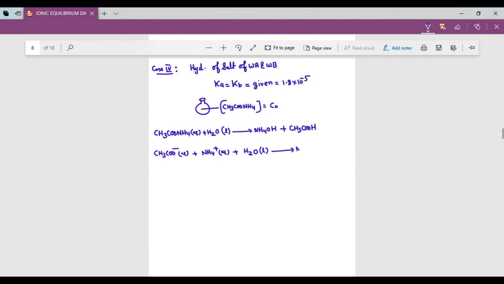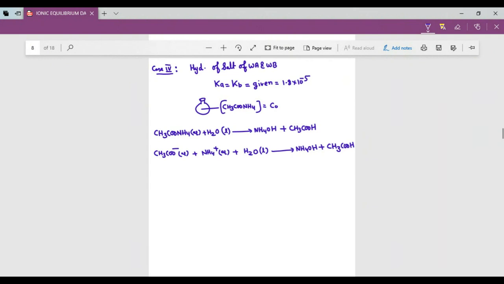If I am writing it in the form of NH4OH, I'm writing NH4OH plus this CH3COOH in aqueous state, right? So there is no spectator ion. Acetate ion and NH4+ ion are not going to cancel out, and both are going to react because both are the cation and anion of a weak base and weak acid.